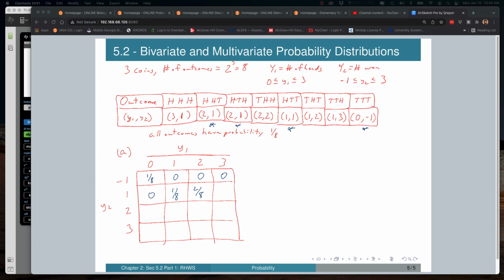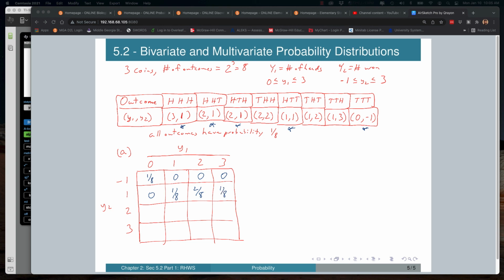The most probable thing in this group is that you get 2 heads and win $1. But it doesn't mean it's any more likely than all the rest either. Do we have a (3, 1)? We do, and that's going to be 1/8.